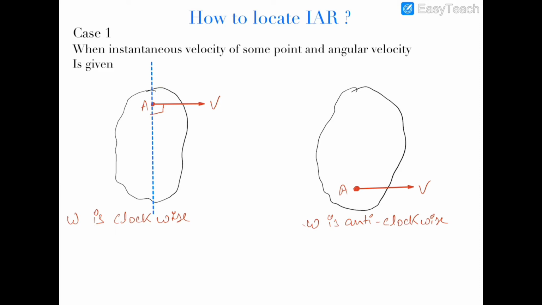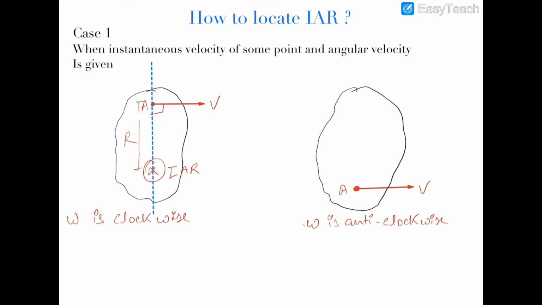So IAR would be definitely somewhere like that, or it can lie outside the body also. If this distance is r, which we have to find out, then you can also see that if IAR is at this point, which is below the point A, then if we rotate this point A like that, omega would be in the clockwise sense, which is already given in the question.